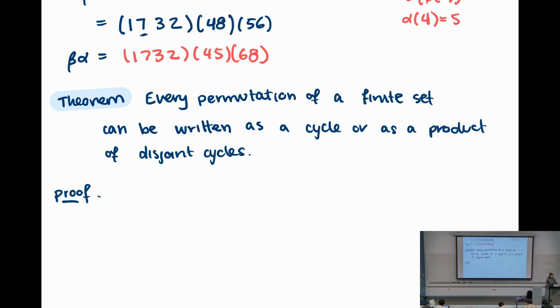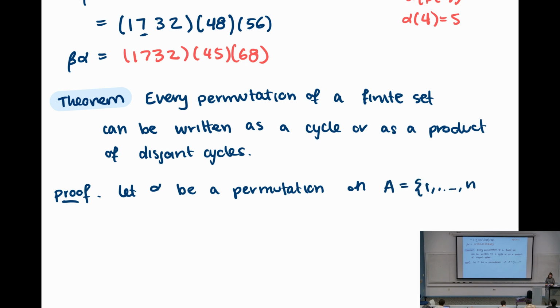So I'm going to let alpha be a permutation on the finite set A, which will be the numbers 1 up to n.